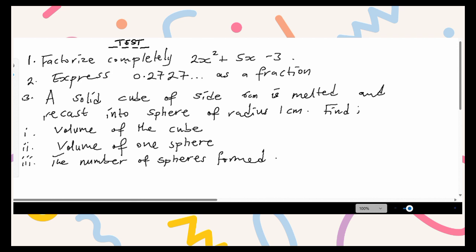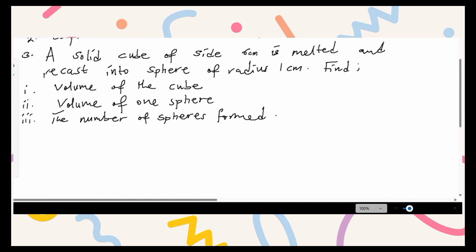So the first question, let's look at it. Factorize completely 2x squared plus 5x minus 3.